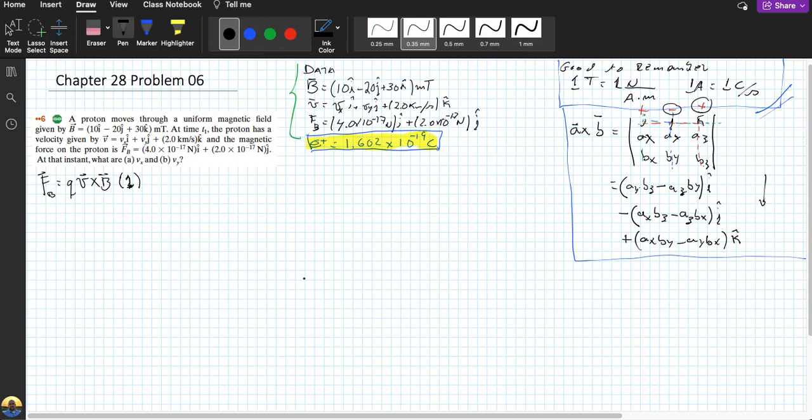If I have my v component and my b component here of my vector, I can apply the same rule, the same math that I used to calculate my cross product between a and b, and I can figure out everything, right?